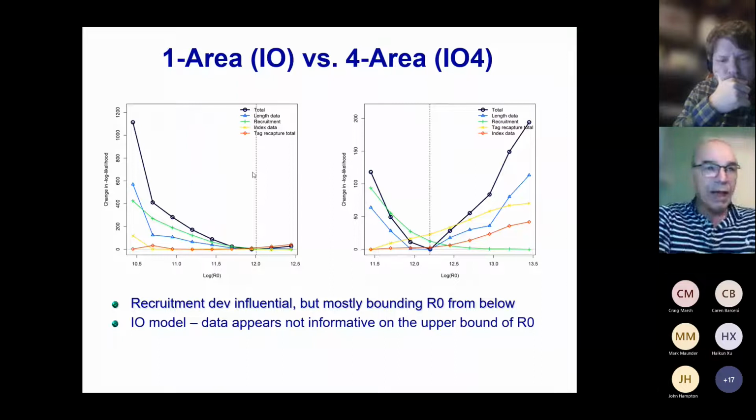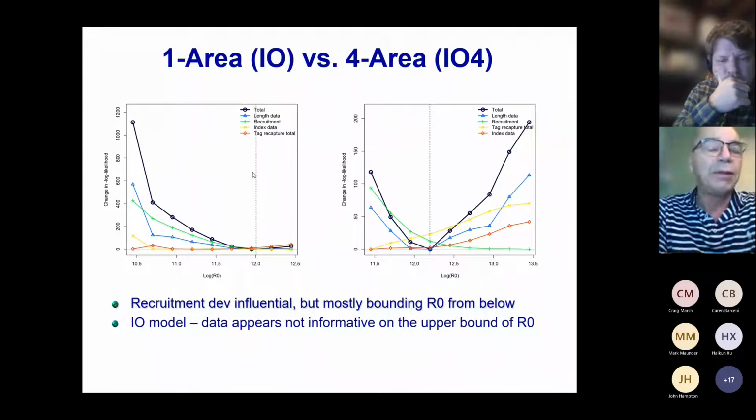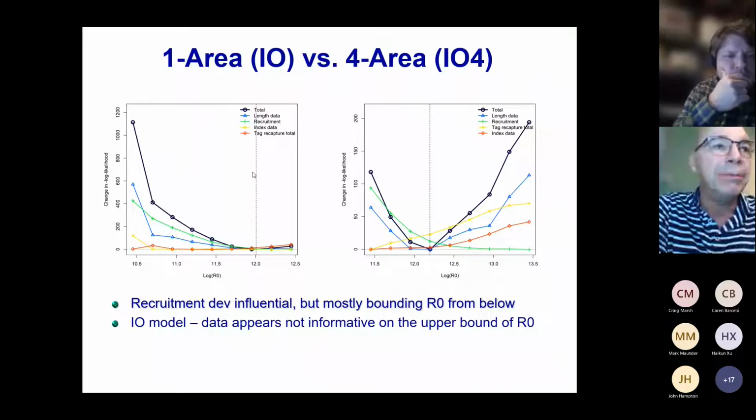So I think what's happening is that as you profile to a lower R0, you end up creating a trend in the recruitment deviations that causes this penalty to show up here. I think if we had estimated steepness, you would not see such a high response in the recruitment deviations.